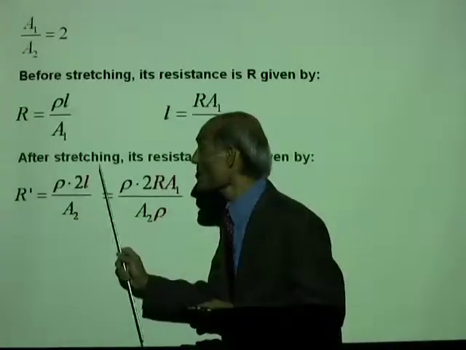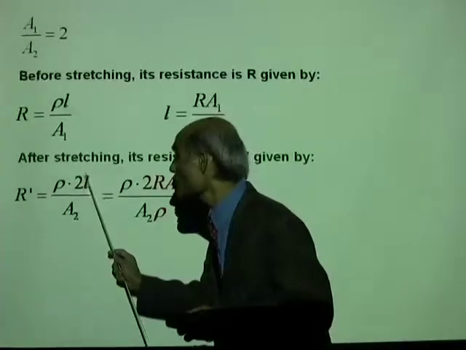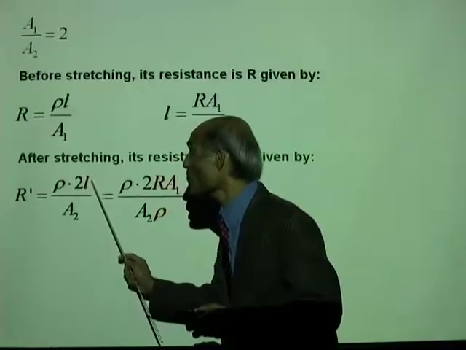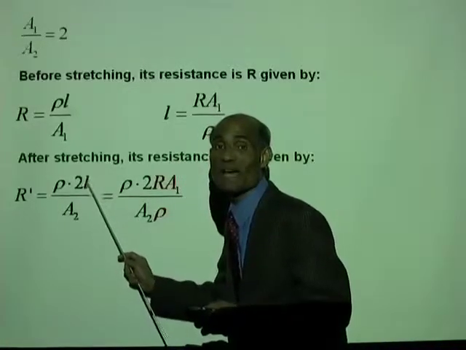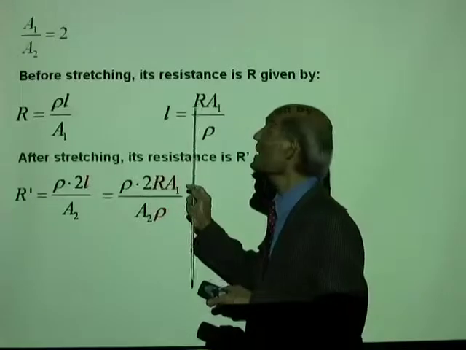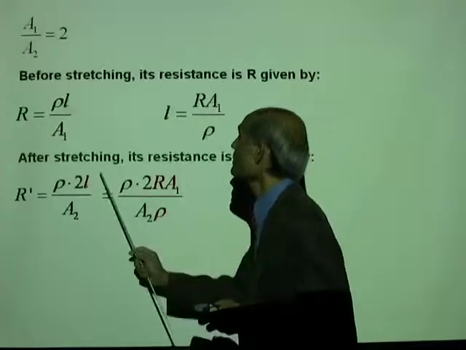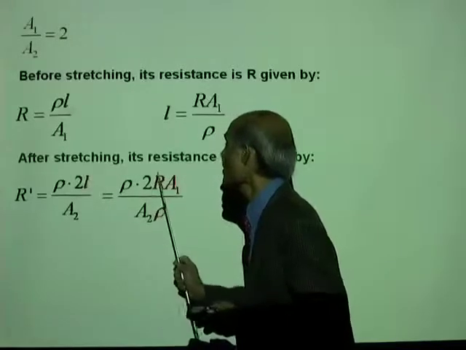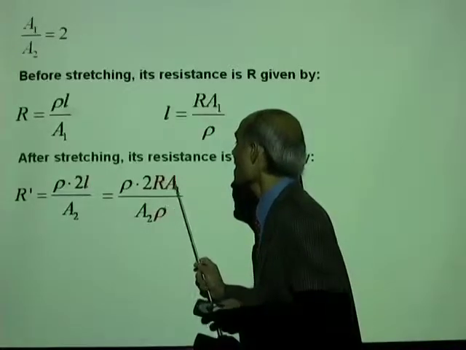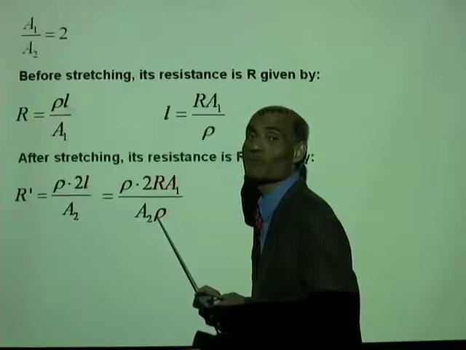Well, all I need to do is replace this L. You see, I colored it red. What is that L equal to? We have it here. L equals R A1 over rho. So replace that L with R A1 over rho.